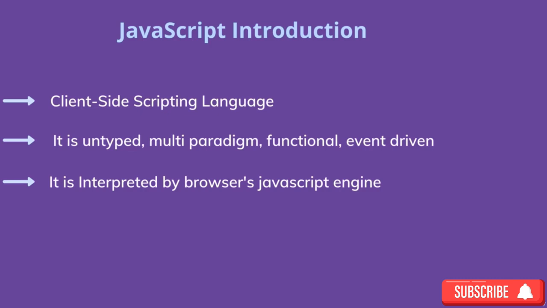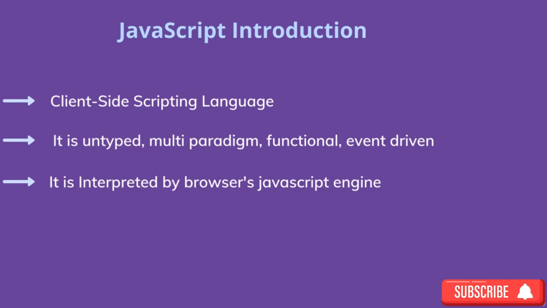Now something more about JavaScript, let's see. It is untyped. Untyped means, if we know something about programming languages, you may know about the thing called data types, which specifies the type of data we are going to process. But while working with JavaScript, you will observe it is untyped, means it is not a type-safe language. So whenever you have to store something, you will just use a variant type, and that type can store any type of value.